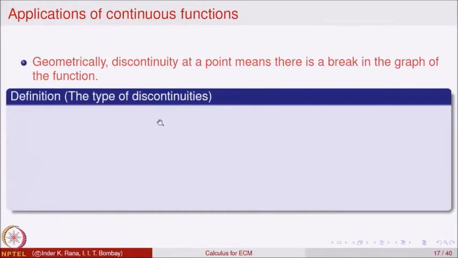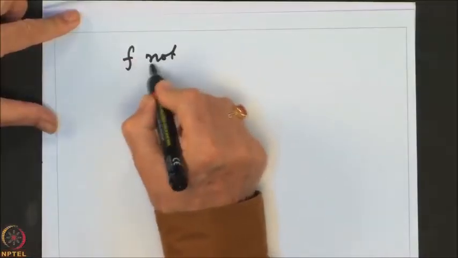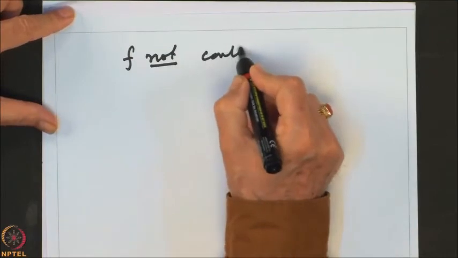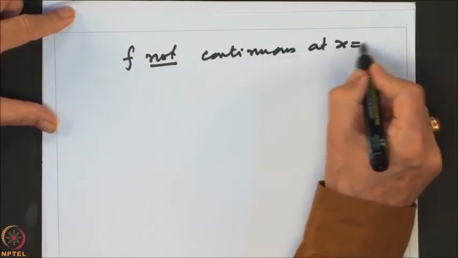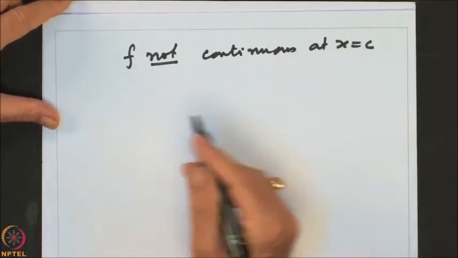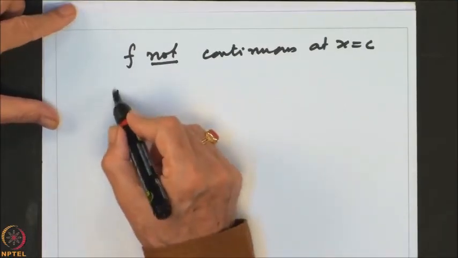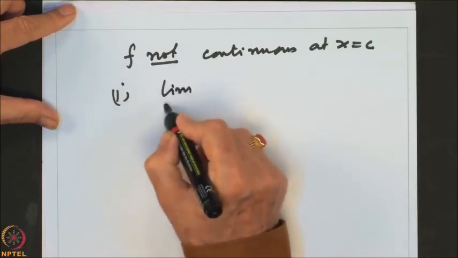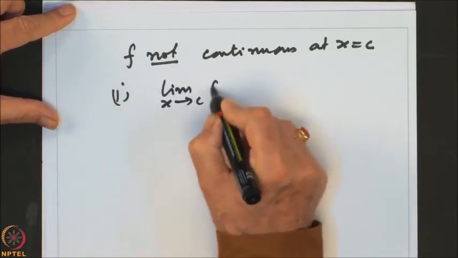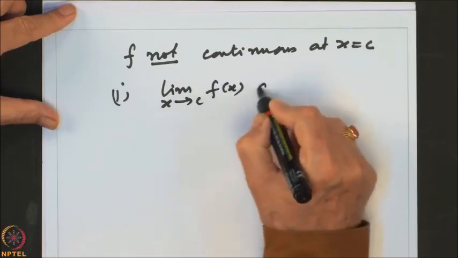When you say a function is not continuous at a point, what does that mean? So, f is not continuous at x equal to c. That means what? One possibility is that the limit as x goes to c of f(x) does not exist.